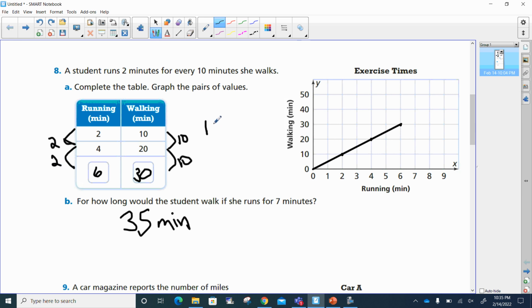That's a change of 10 over 2, and that's going to be 5. And again, 5 times 7 minutes is going to be 35 minutes.